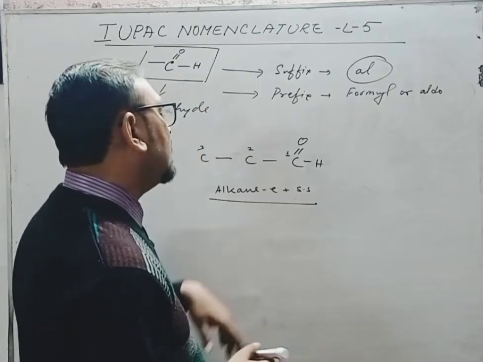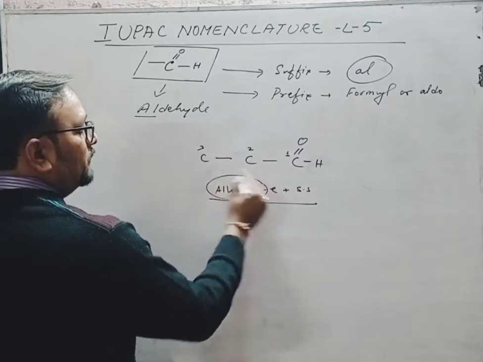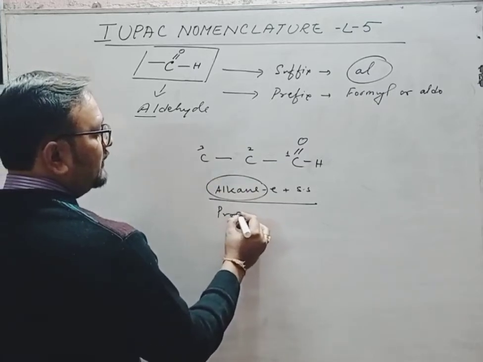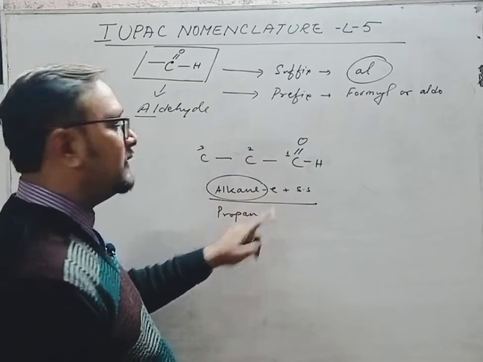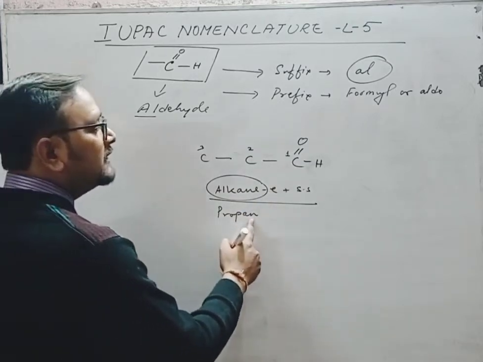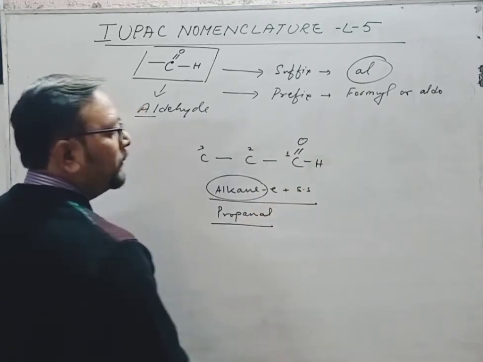So we will directly write the name. Meth, eth, prop: what is the alkane part? Propane. So I will write propane, but I will drop the E as per the rule. So propan, and then directly I add the suffix "al". So the name is propanal.